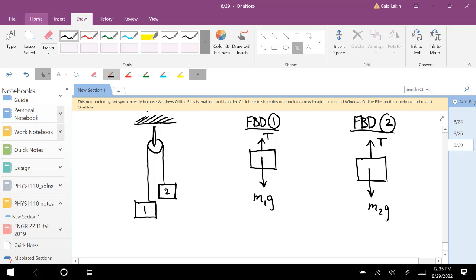So in real life, those two cable forces are not necessarily the same. They're never exactly the same. What are the mathematical simplifications that you make so that those cable forces are always the same? No friction, no mass in the cable, and no mass in the pulley. That's right. Yep.